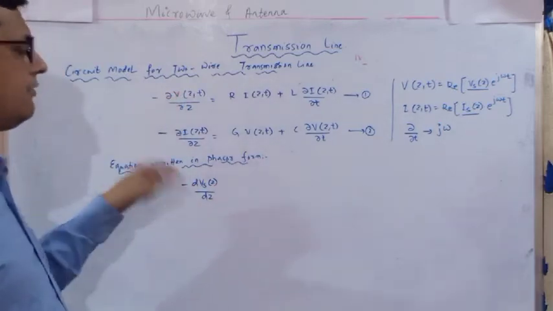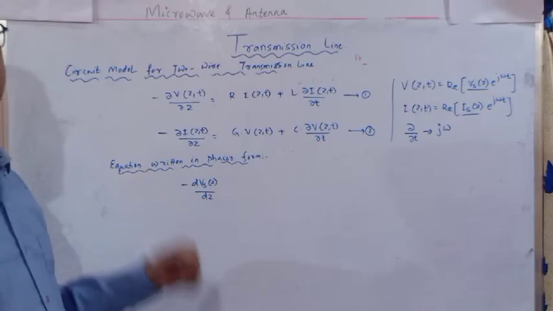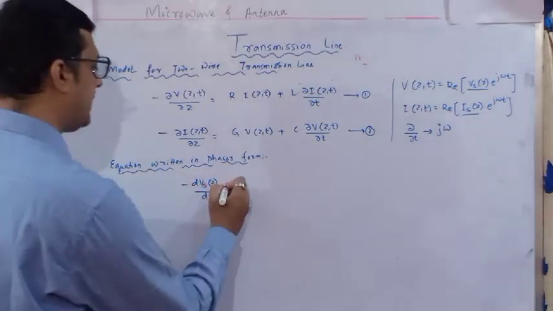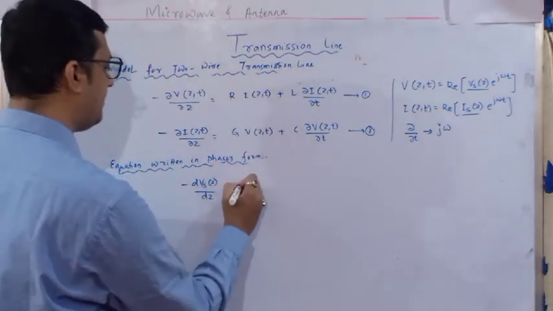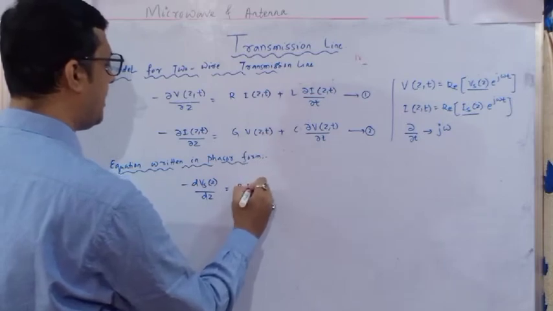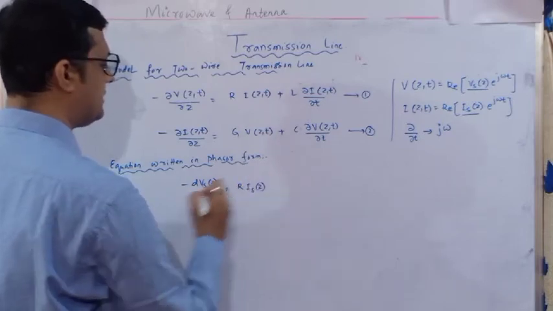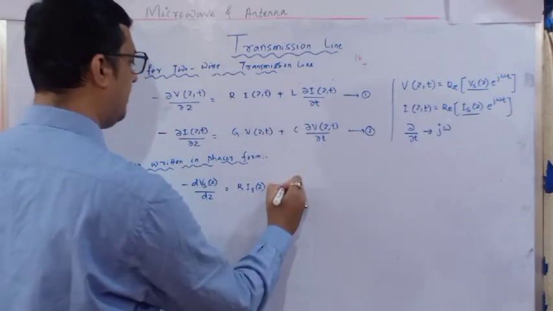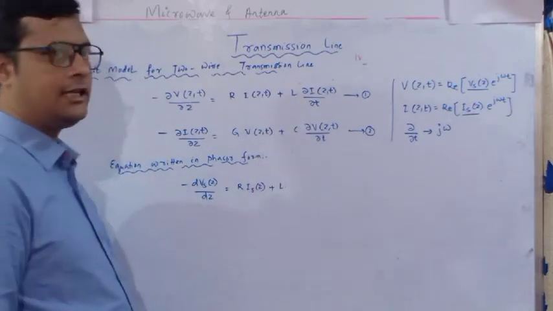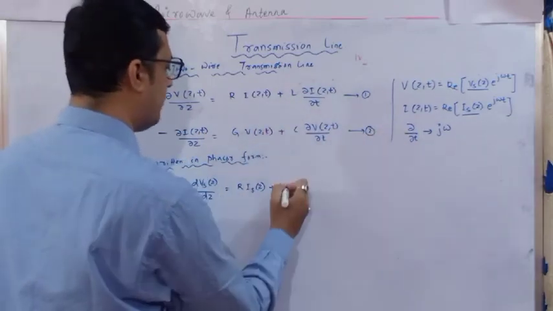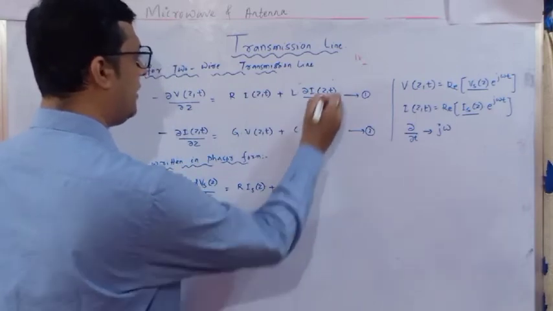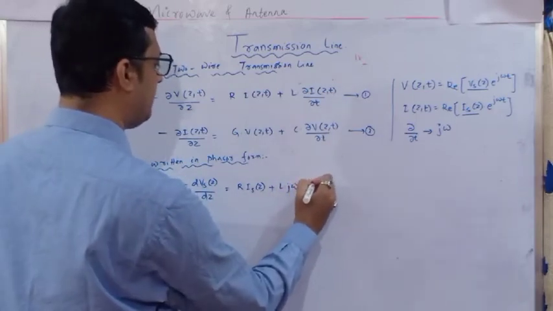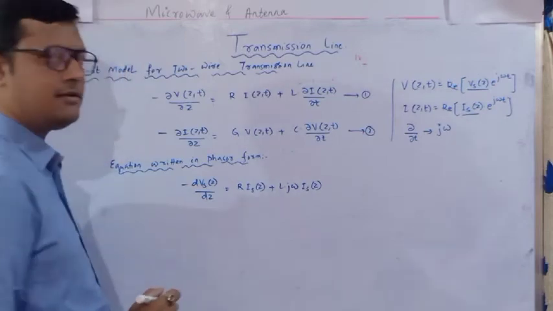Partial differentiation becomes ordinary differentiation. On the right, R times Is of z plus L del I by del t, where del by del t is j omega, and I becomes Is of z.